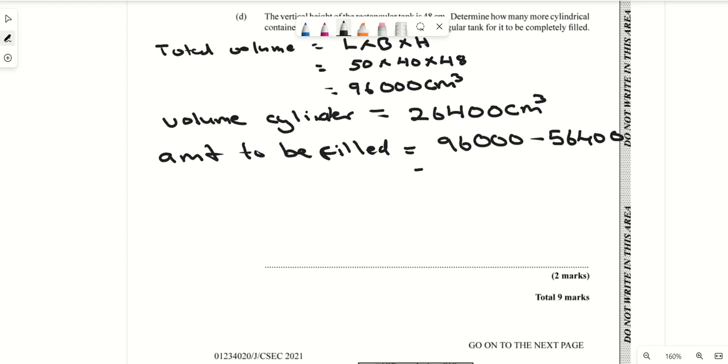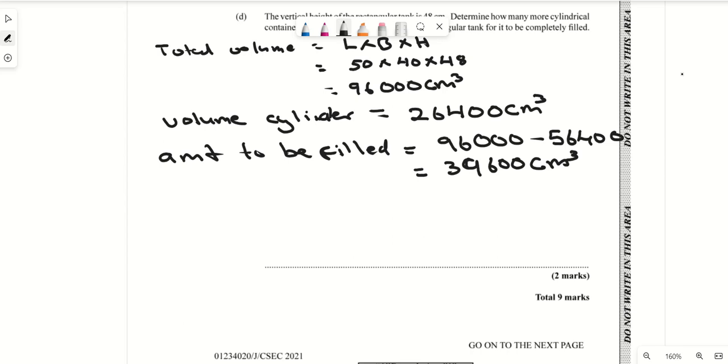So the amount to completely fill it is 39,600 centimeters cubed. That's the amount to be filled.